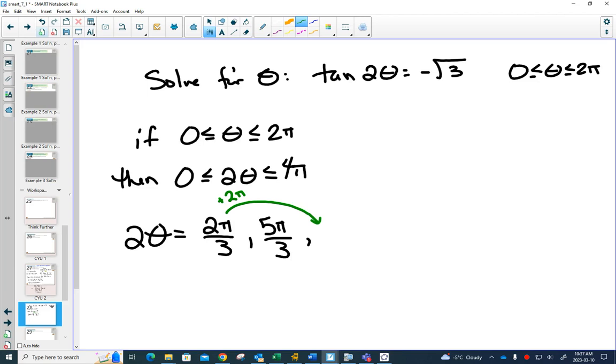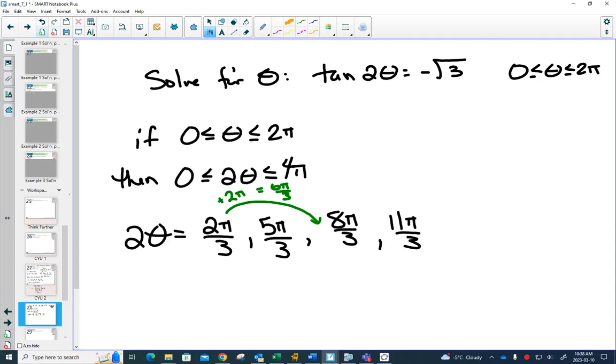Now, if I'm adding something to a fraction, you're going to have to get really good at getting common denominators. 2 pi is the same as adding 6 pi over 3. And if I add 6 pi over 3 to 2 pi over 3, I'm going to get 8 pi over 3. If I add 6 pi over 3 to 5 pi over 3, I'm going to get 11 pi over 3. And those will be the 2 answers in the second time around. Our new domain goes twice around to 4 pi, so we should get 4 answers.